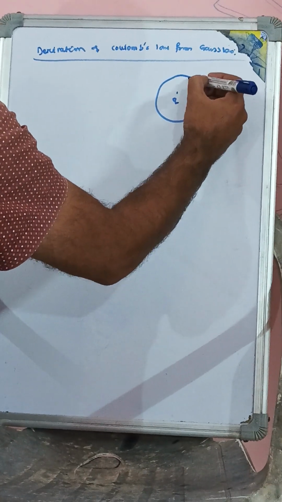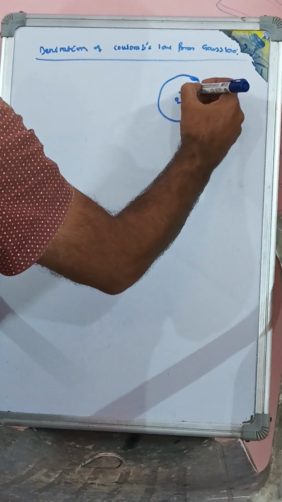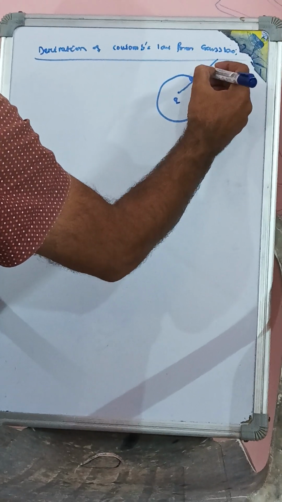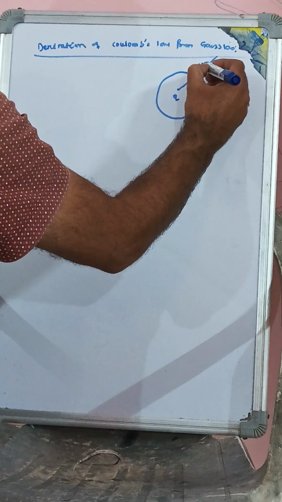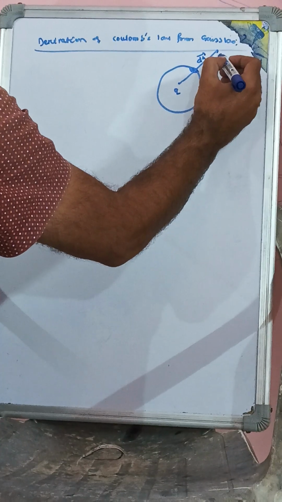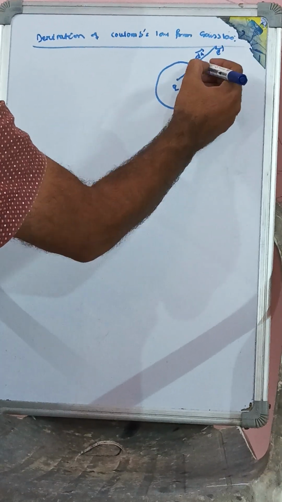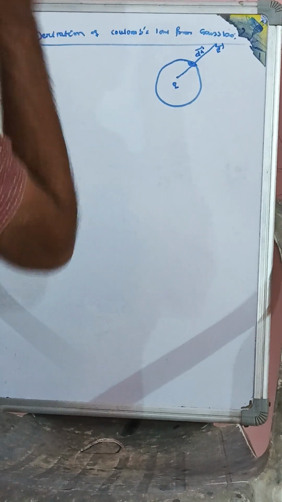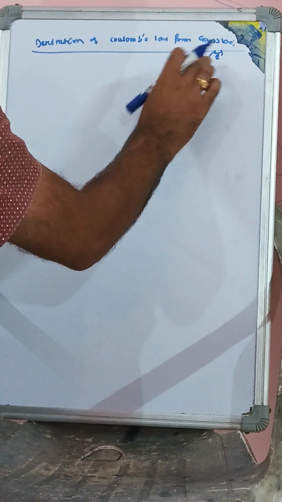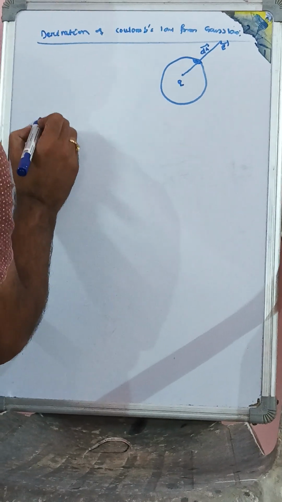Then consider a small area, and the electric field lines pass through it. The area is A and dA is the area vector, and the electric field E is perpendicular to the area, and the angle between the area vector and the electric field is 0 degrees.